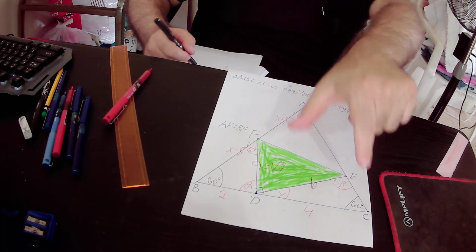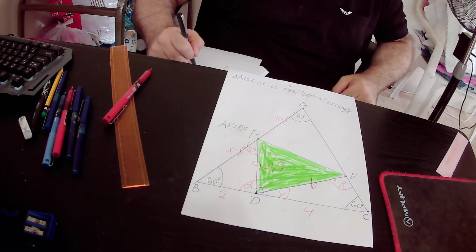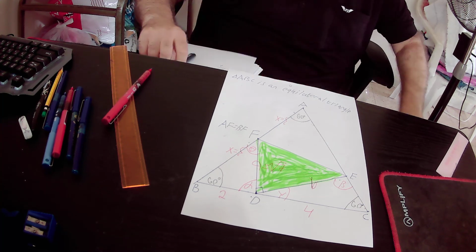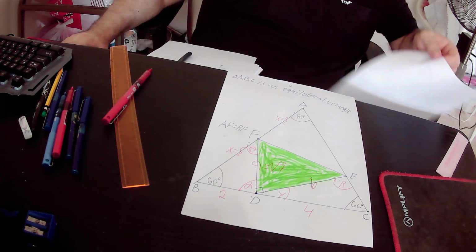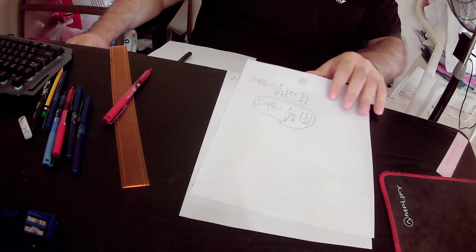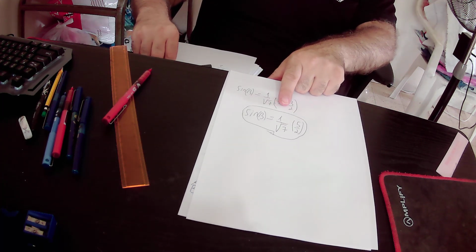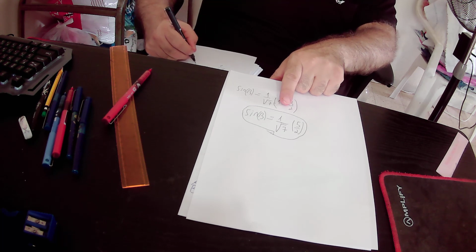DC equals 4 units over sin beta. We have already found the value of sin beta. Sin beta equals 5 over 2 times root 7.